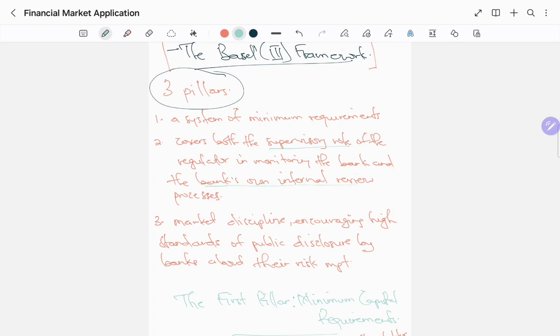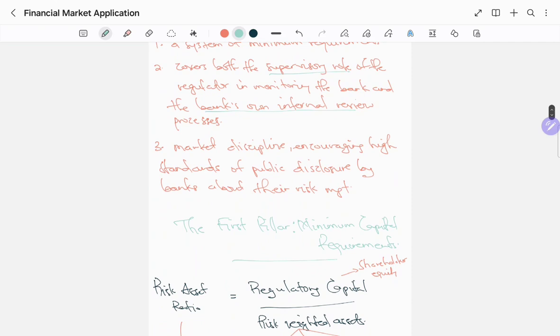So not just the regulator, but as a bank, also from within, you should ensure that you are adhering to these frameworks. The third one is market discipline, because if the regulations are there and there's no discipline, then it becomes a fruitless battle. So there's also the need for market discipline, which is to encourage high standards of disclosure. Disclosures are very important.